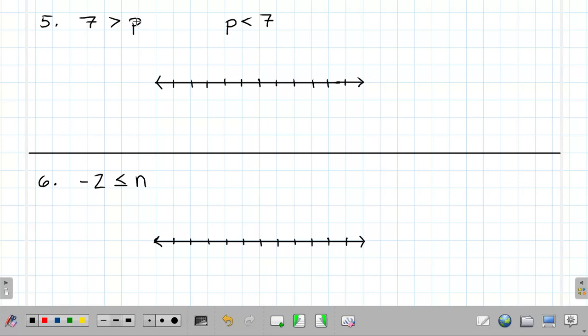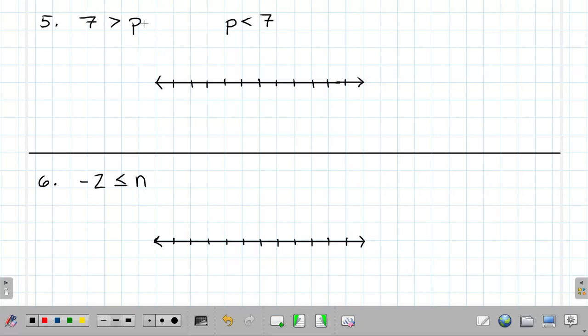Well, if that's the case and we move p to the other side, that means the whole sign has to flip as well. So it has to still open up to the 7. So if we flip the sides and put the p on the left and the 7 on the right, the sign has to flip with it. Okay. So if you do that, then it works just the same as what we did before.